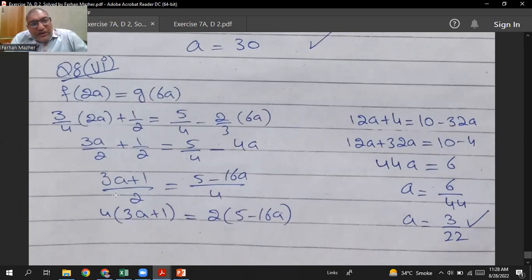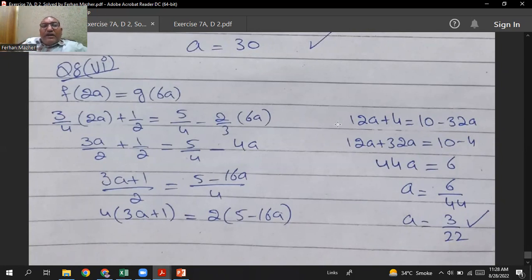So now we can cross multiply. So you can see it will be 4 into 3a plus 1 equals 2 into 5 minus 16a. So this will be 12a plus 4 equals 10 minus 32a.